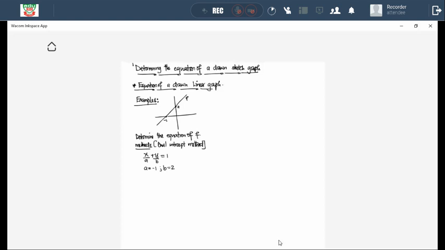Substitute that, you then say this is now x all over -1 plus y all over 2, equal to 1. From there, we can take this expression to standard form by making y subject of the formula and present your equation in the form y equal to mx plus c.